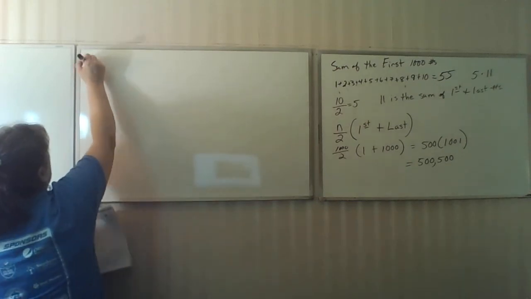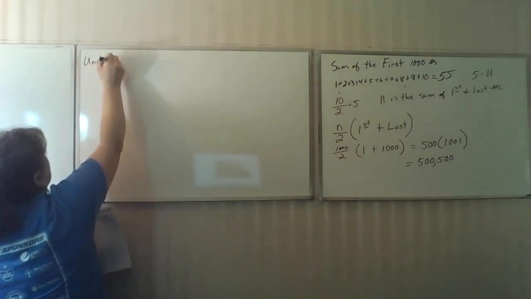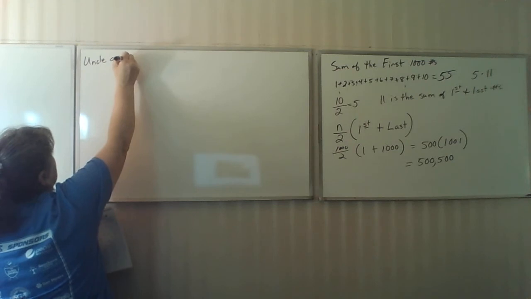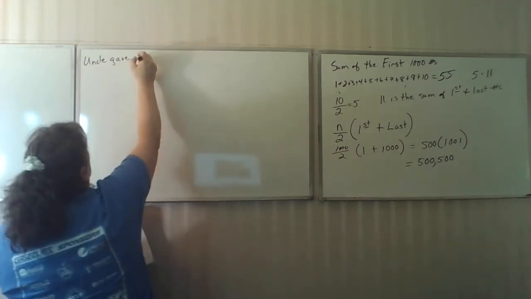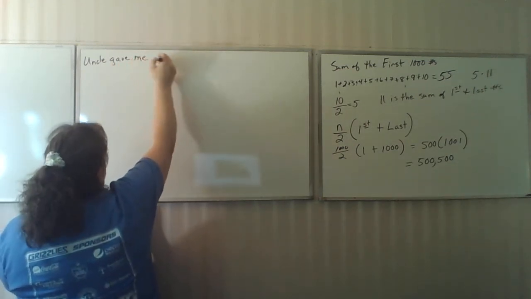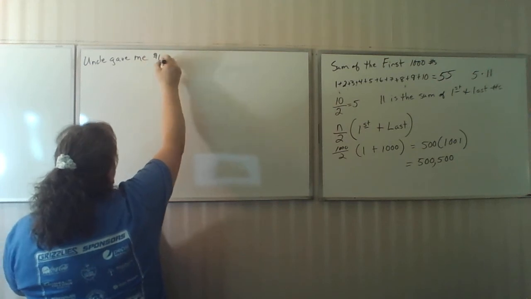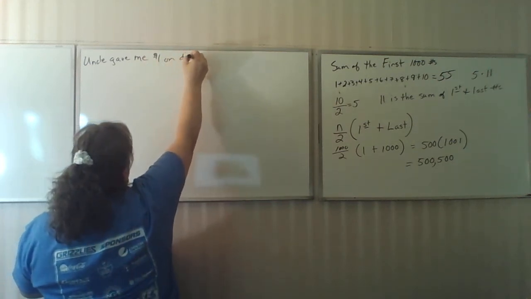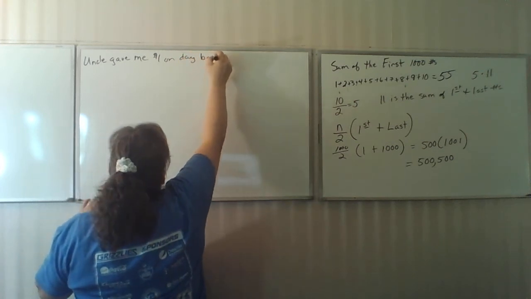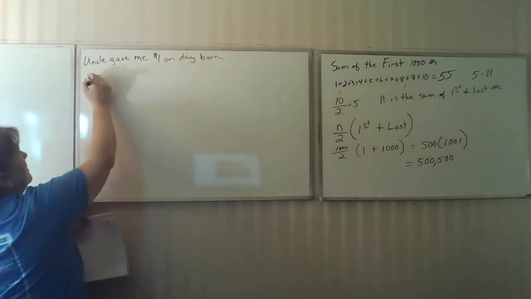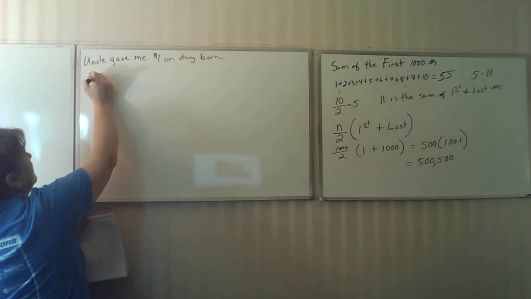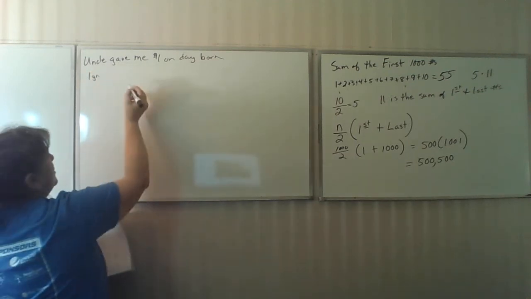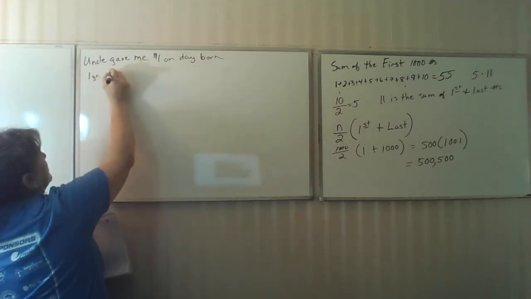An uncle gave a nephew or a niece, I'll just say me, $1 the day I was born. On every birthday after that, he doubled it. So at the end of 1 year, on your first year birthday, you got $2.